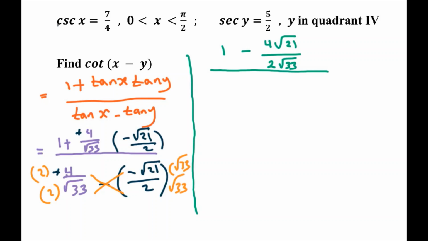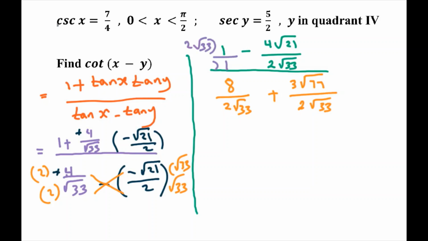So that's going to be 4 times 2 is 8 over 2 square root of 33. Then negative times negative is positive. Square root of 21 times square root of 33 is going to be 3 square root of 77 over 2 square root of 33.